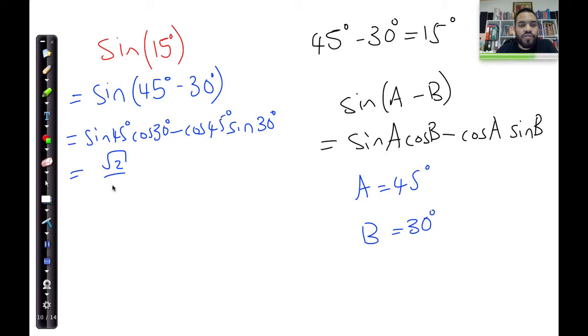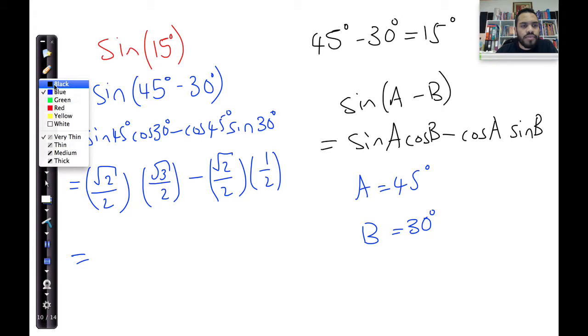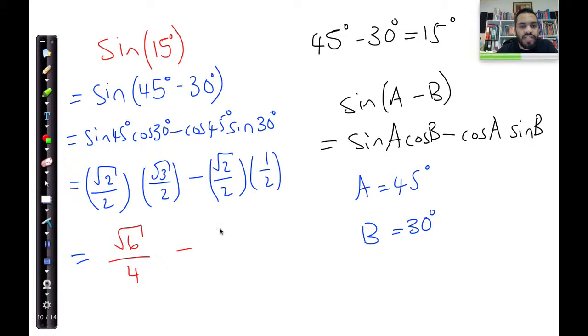Sine 45 is root 2 over 2, multiplied by cos of 30, which is root 3 over 2, minus root 2 over 2 multiplied by sine 30, which is a half. And that gives me a solution of root 6 over 4 minus root 2 over 4. Of course that simplifies to root 6 minus root 2 all over 4.